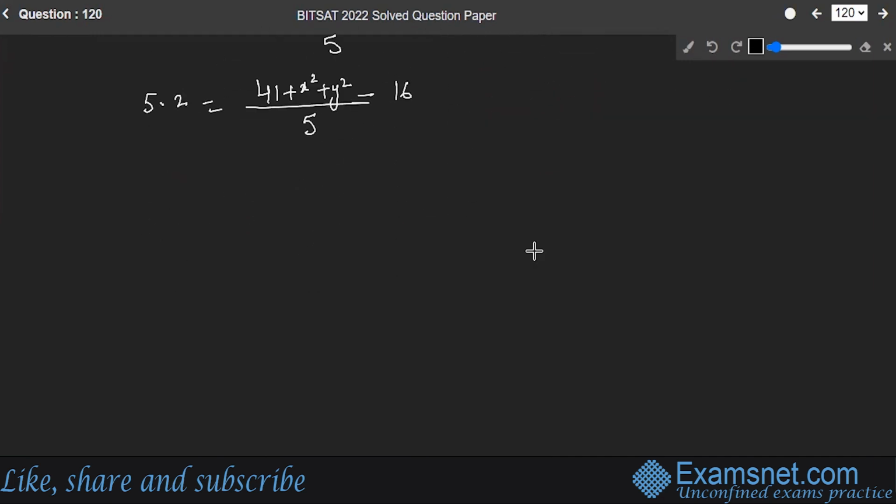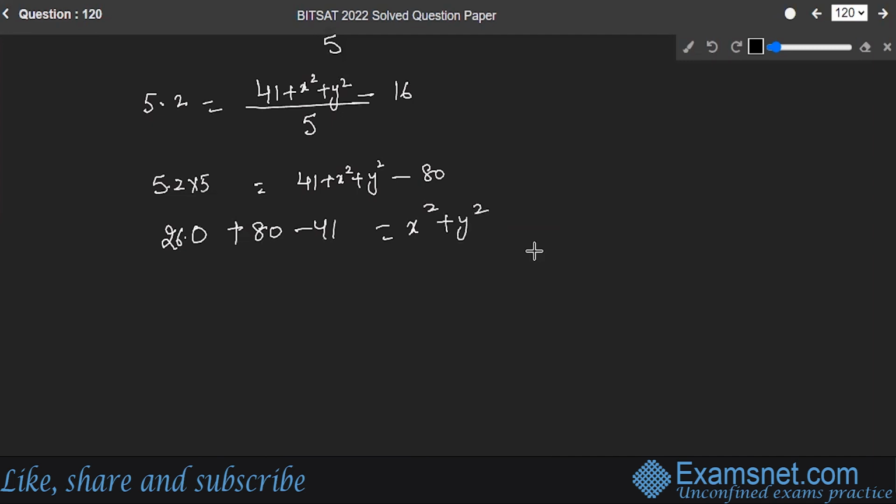Okay, let's take the LCM. So you have 5.2 multiply 5 is equal to 41 plus x square plus y square minus 16 into 5, which is 80. So here you have this as 26.0 plus 80 minus 41 is equal to x square plus y square.